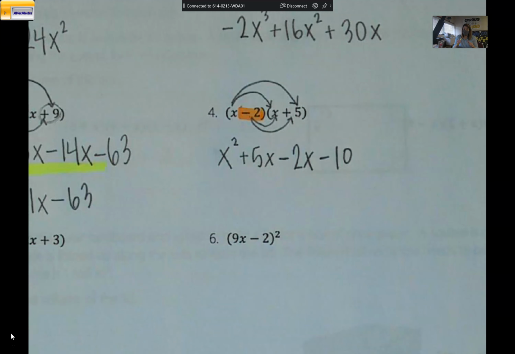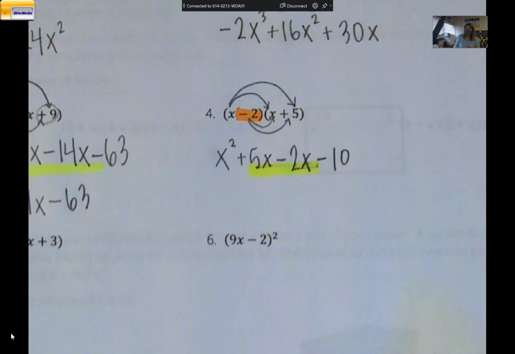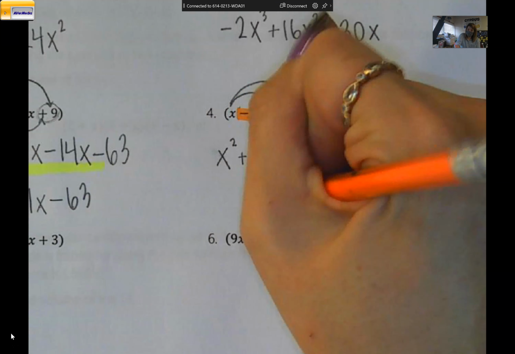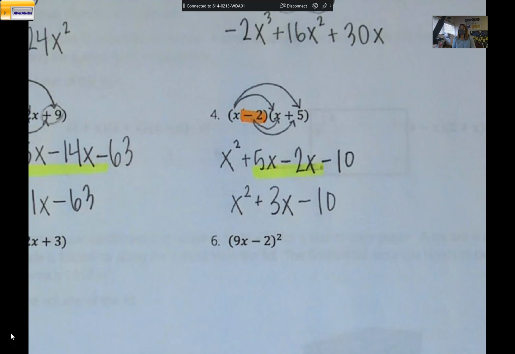Once again, you can combine these middle terms. Hopefully most of you guys can do that one in your head. If you have 5 positives and you combine it with 2 negatives, what do we have left over? 3 positives. Keep your x squared. Keep your minus 10.